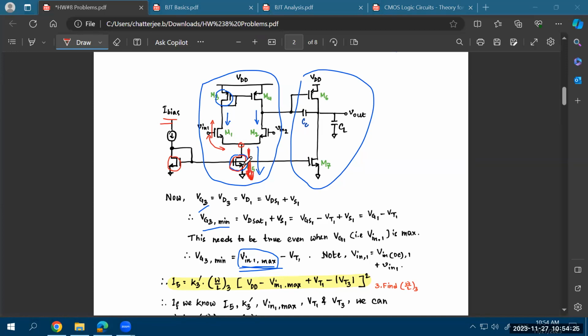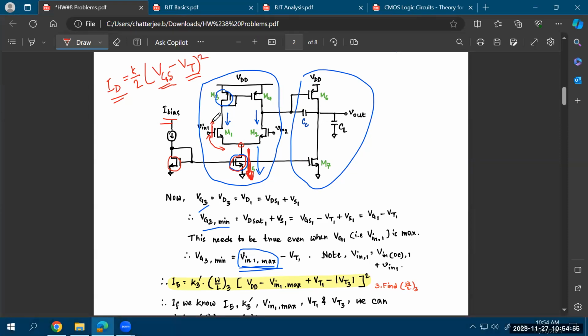So I'll just write that down: current ID is equal to K over 2 times (VGS minus VT) whole squared. If your current remains constant, and the current is constant because you have a constant current source at the tail, and your VT is already a constant, the threshold voltage, then your VGS has to remain constant.